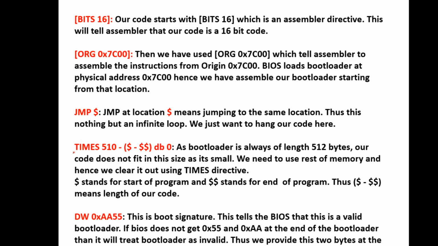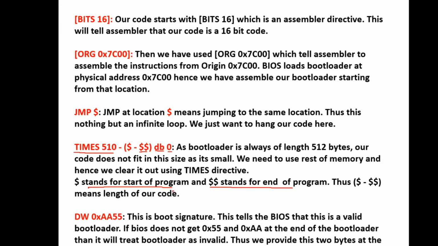The next instruction is times 510 minus dollar minus $$. DB is your data byte and 0 is the value we are going to dump. This dollar minus $$ gives the difference between the start of the program and the end of the program.